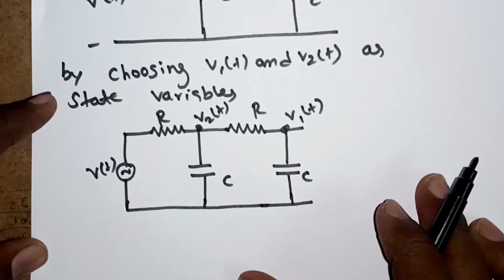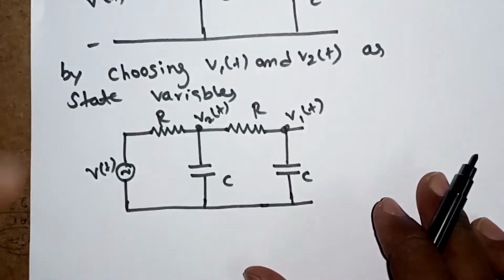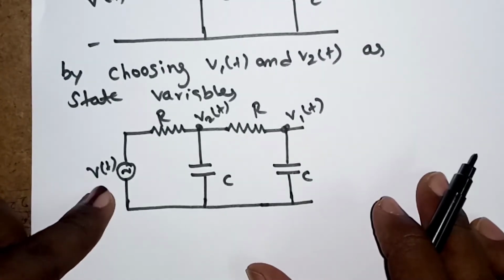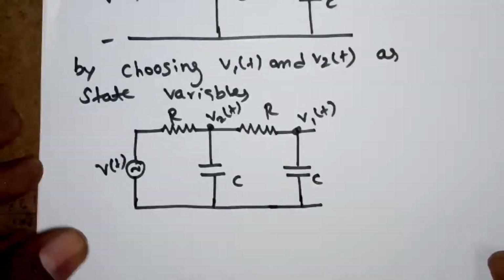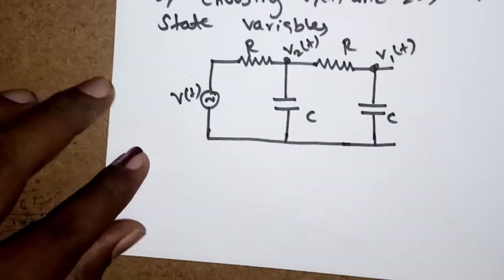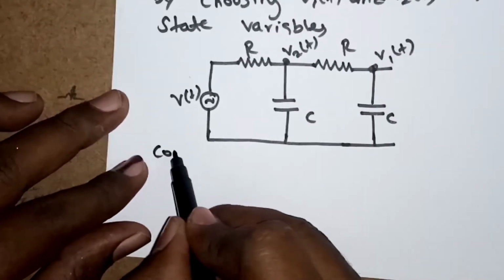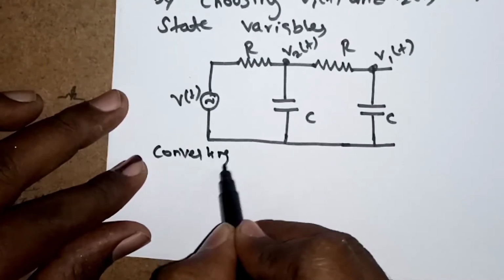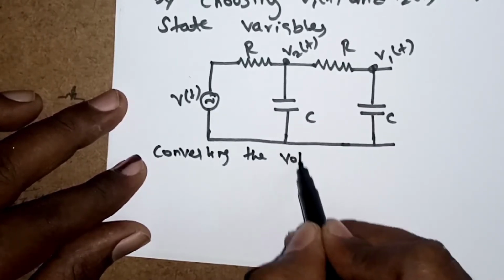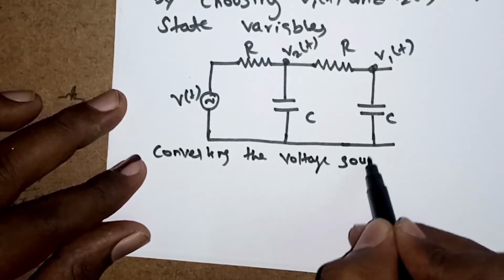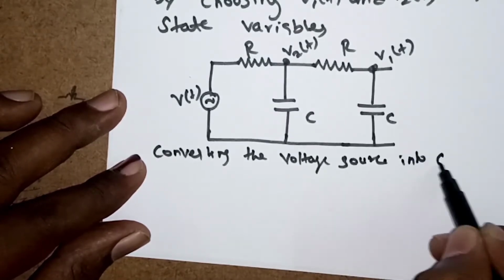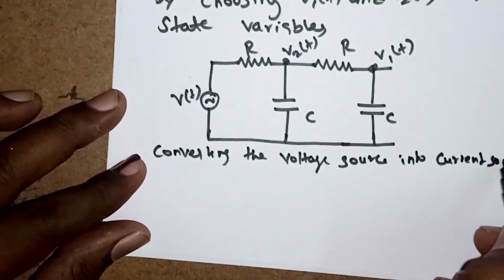For solving purposes, we are going to convert this voltage source into a current source. Why?